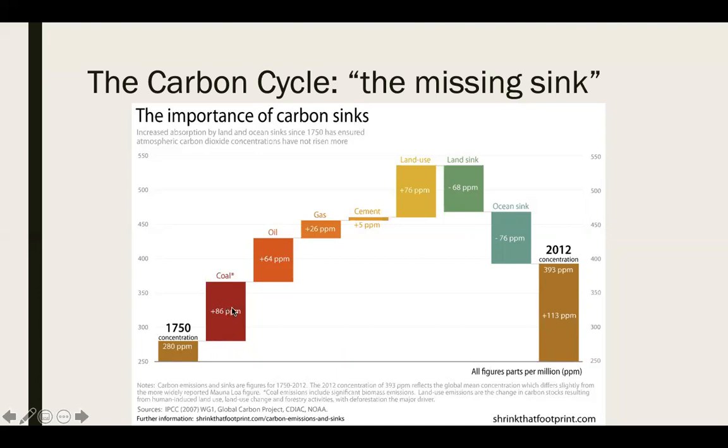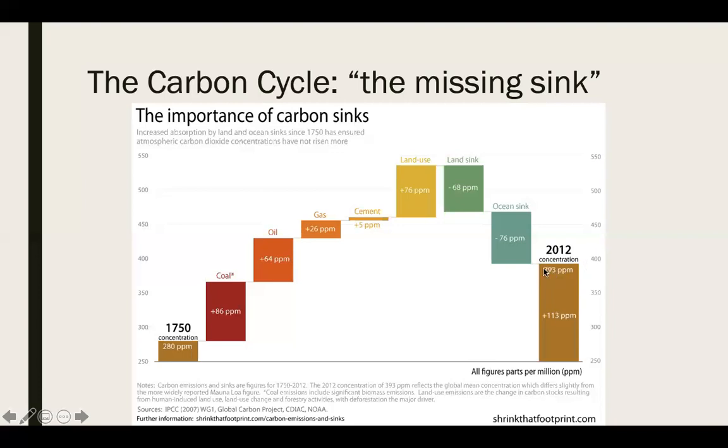So if we were to estimate how much the concentration should go up just based on our own emissions, coal, oil, gas, cement, and land use change, then we should be at around 550 parts per million. But as of 2012, and this number, of course, is changing. This graph is old, and they haven't come out with a new one yet that I can find that I like as much as this one.